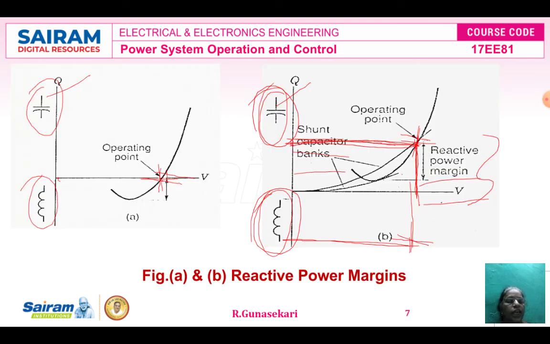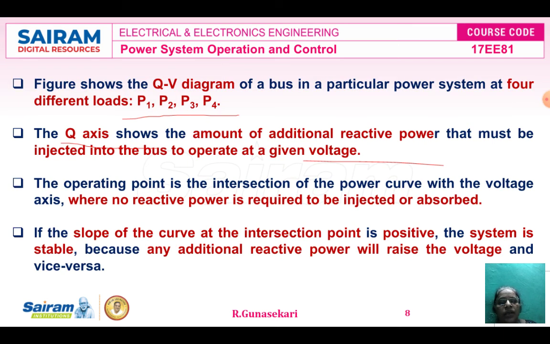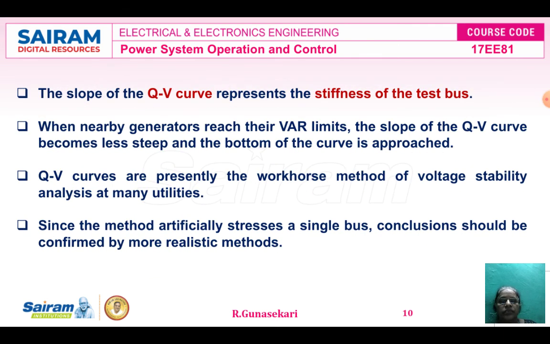You see, this is the reactive power margin. The reactive power margin is nothing but the measure of the relationship between voltage stability and voltage instability. Then the slope of the QV curve represents the stiffness of the test bus.